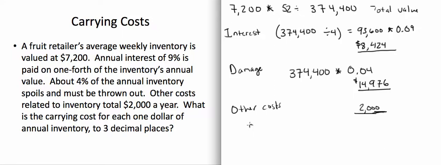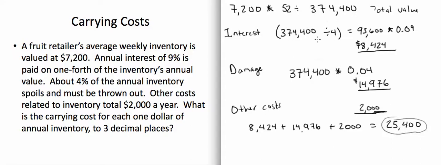So now we're going to add up those three values that are underlined: 8,424 plus 14,976 plus 2,000. That gives us a total cost of the inventory of 25,400. And now we take this value and divide by our total inventory value.